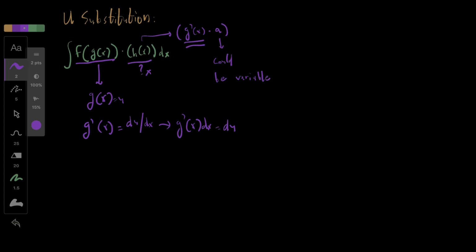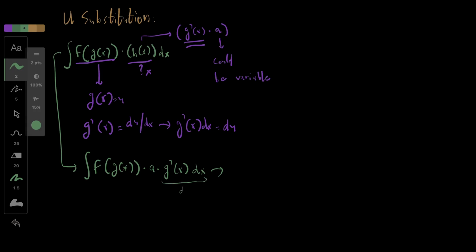Now, since this h of x is g dash of x times a, we rewrite this integral as f of g of x times a times g dash of x dx. Now this g of x becomes u, and this g dash of x dx becomes du. So now we have a times the integral of f of u du.